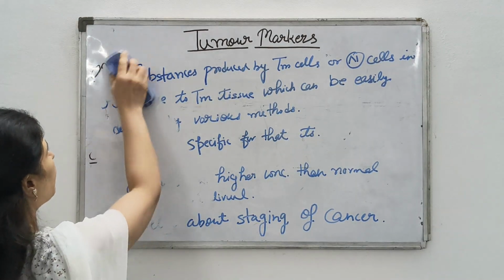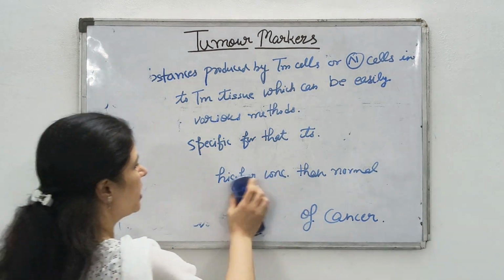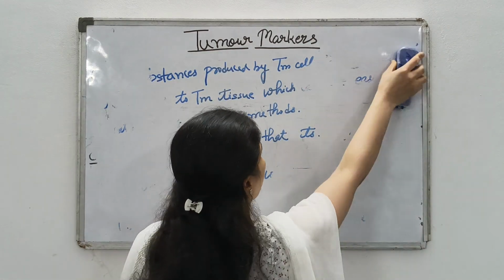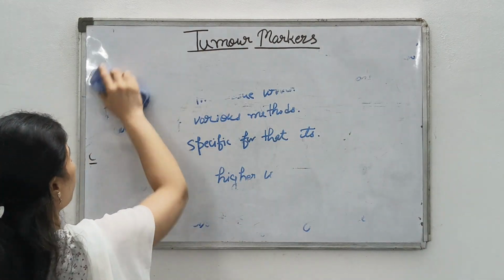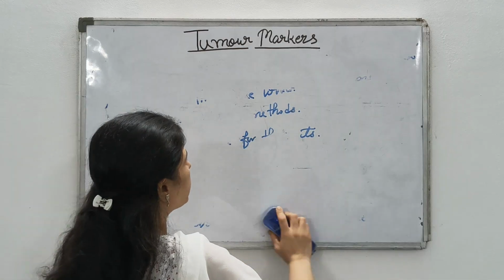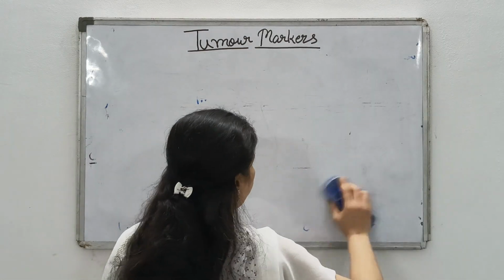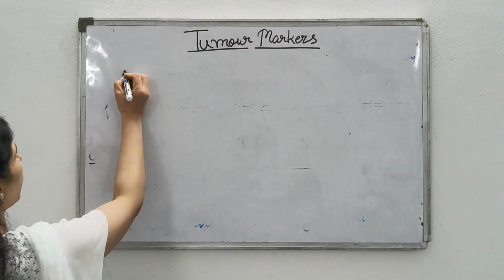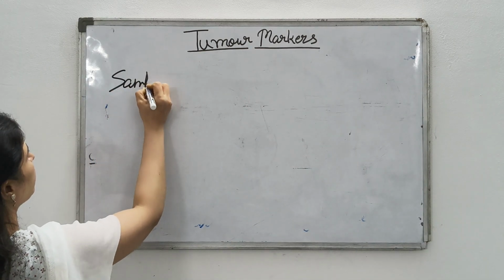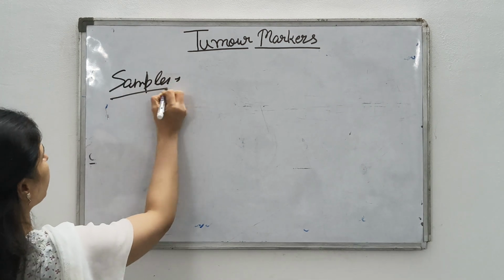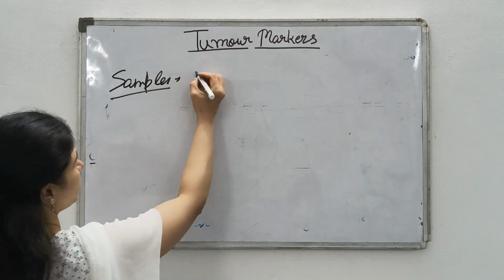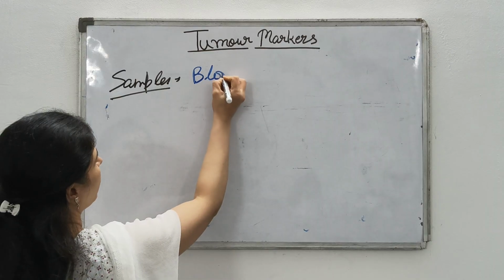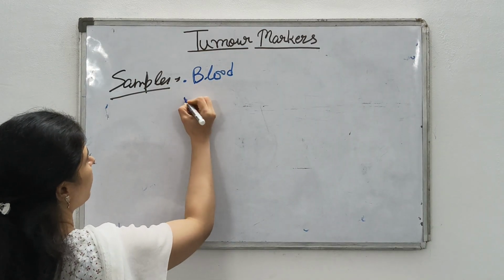Now, in which tissues will you detect this tumor marker? From where will you take the sample so that you can easily detect the tumor marker? The samples you will take include blood. In blood, you can detect the tumor marker. Second, you will take urine.